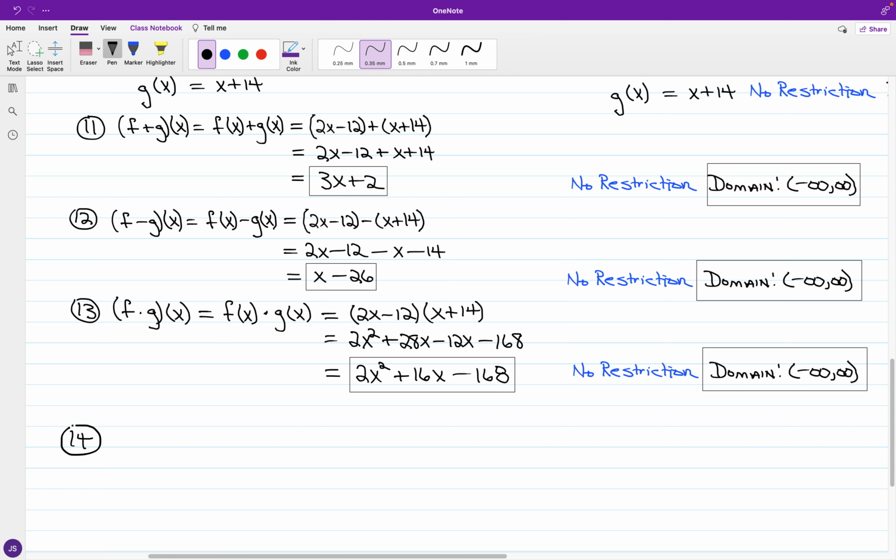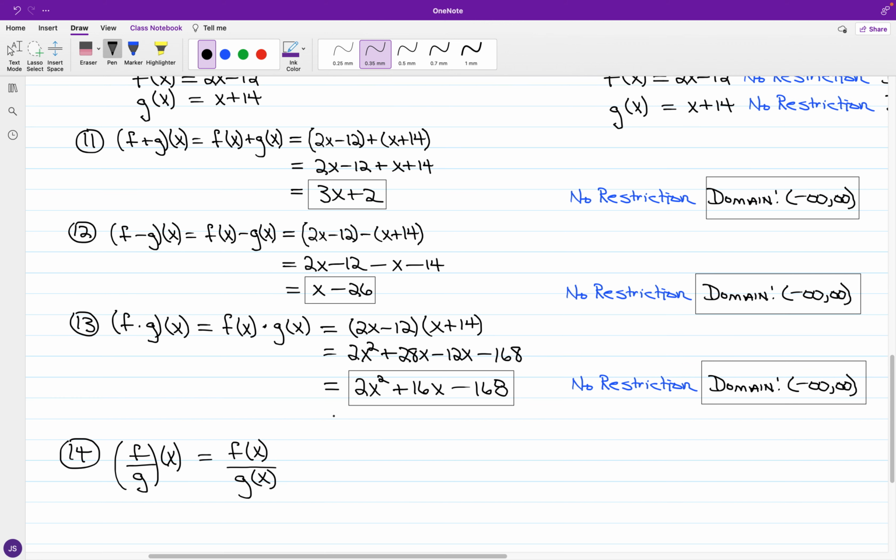So for what we have in the case of 14, we have the quotient function, f over g of x, so we got f of x over g of x.